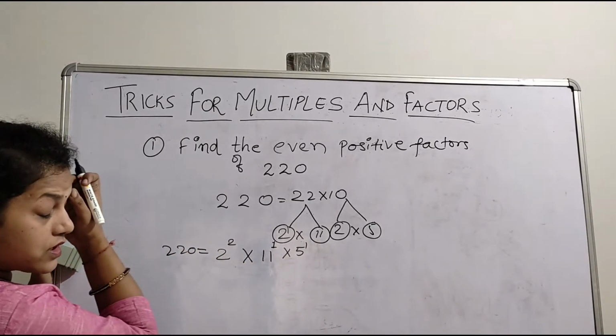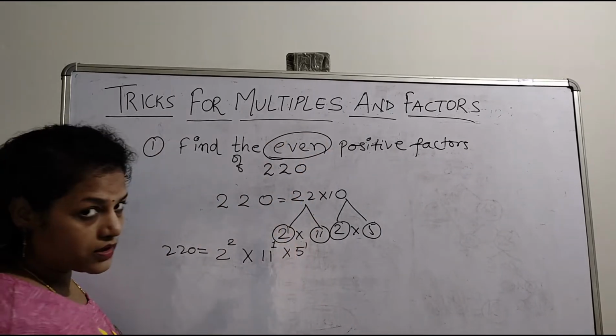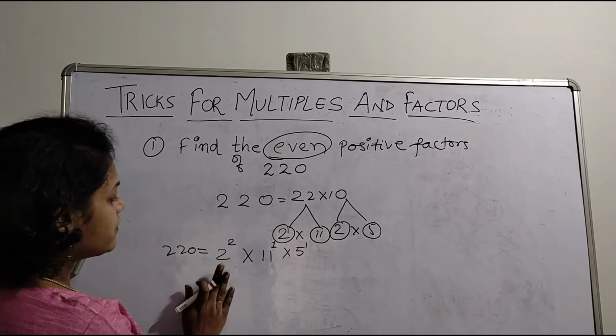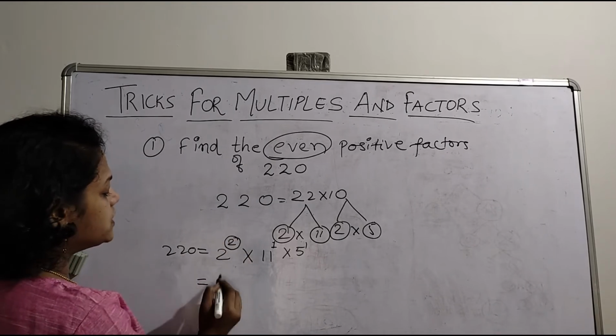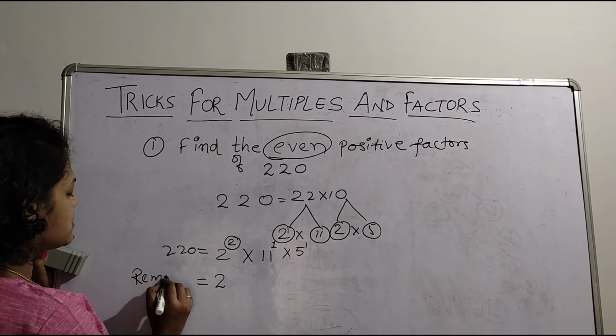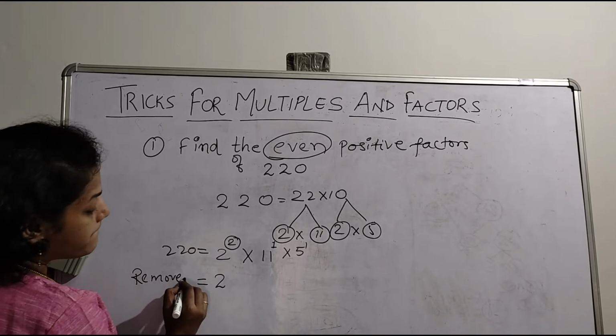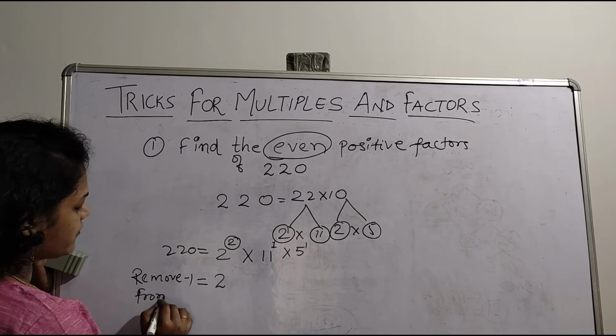Okay, so here friends, what I have to do, as the question is for even numbers, as I am having power 2 here, you have to remove, see here some rule is there, you have to remove 1 from the power. Okay, from the power.